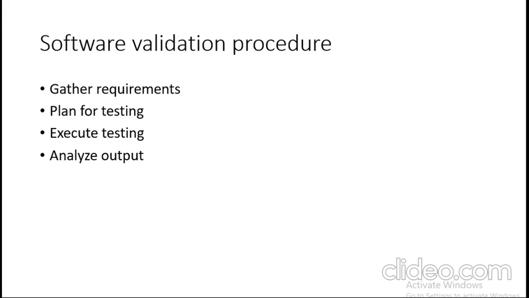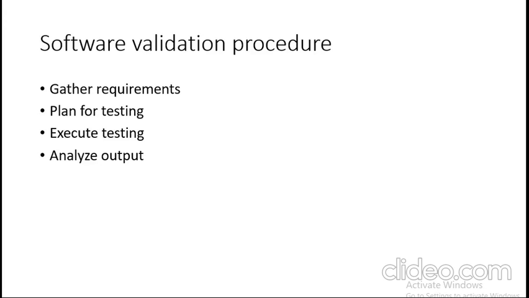So here are some procedures for the software development process or validation process. Gathering requirements and planning for testing, executing testing, analyzing output. So gathering and analysis of specification and requirements: what we need in the testing phase, software and hardware, testing team and many more.